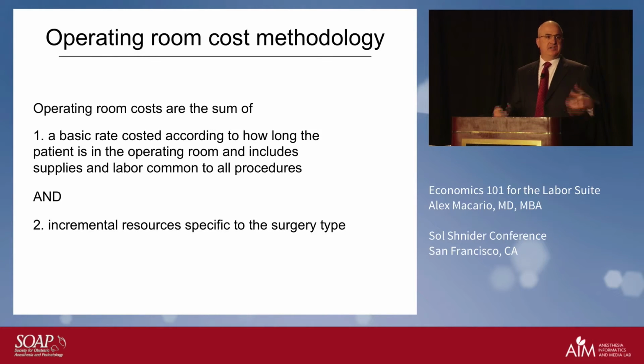What does it cost to have an OR with the lights on, people in it, and basic equipment ready to go to do a very straightforward case? That's a certain cost. And then in addition to that, if you're doing a more complex case, what are the incremental costs? So we have to separate those two to really try to nail this number down a little bit.